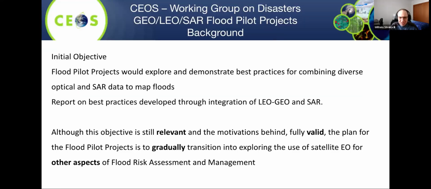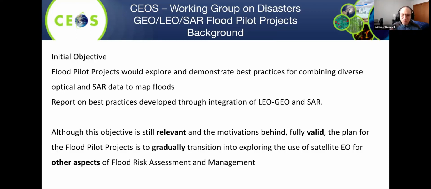The CEOS Working Group for Disasters Flood Pilot Project is to explore and demonstrate best practices from combining diverse optical and SAR data to map floods, and then record these best practices developed through the integration of LEO, GEO, and SAR.